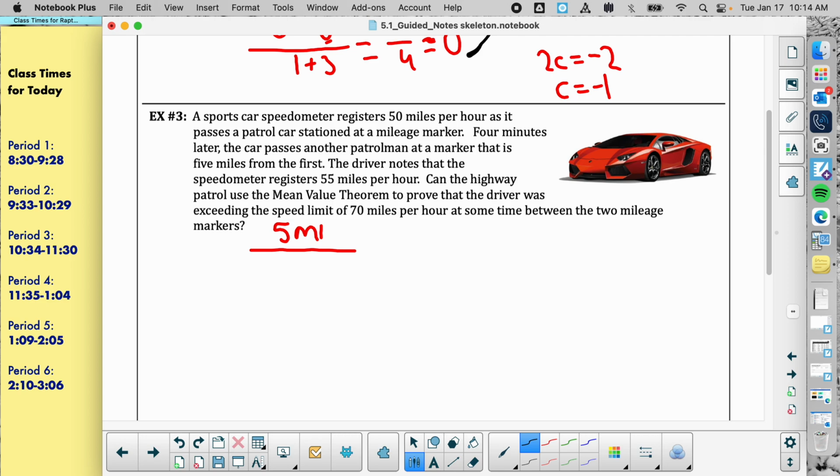Okay, time length. How long did it take to go 5 miles? 4 minutes. So we need to change 5 miles over 4 minutes into miles per hour. Now there's different ways to do this. I'm going to guess most of you are semi-comfortable with the unit conversions from chemistry?